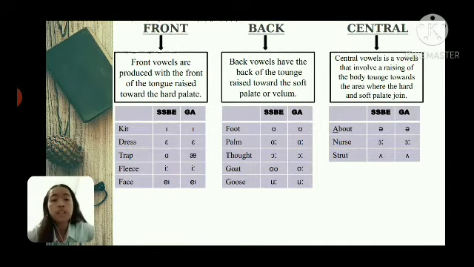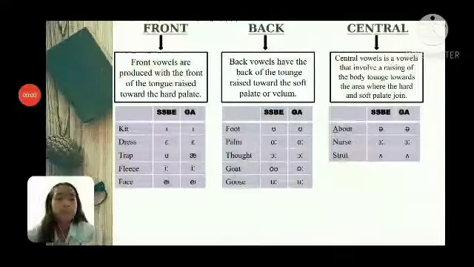You can feel that your tongue is raised toward the hard palate, but not raised enough to obstruct the airflow and cause local friction, so the vowels are approximants.